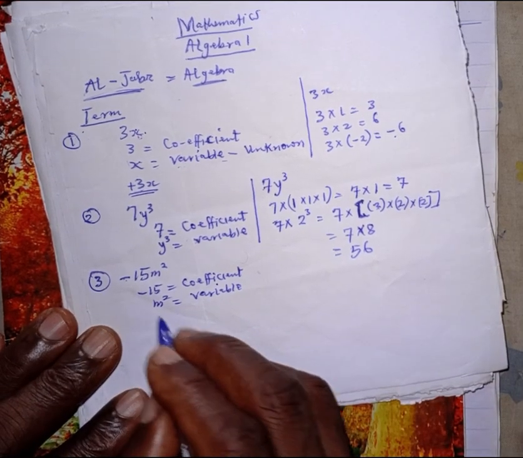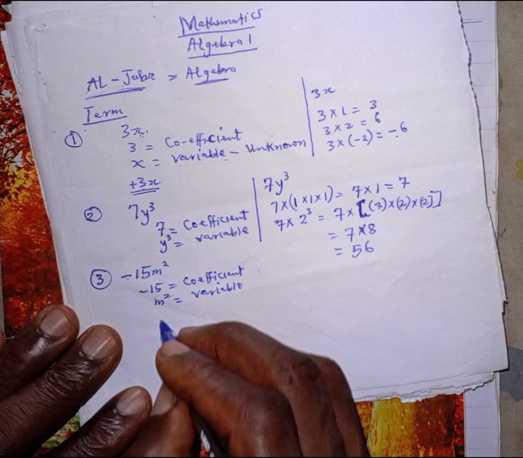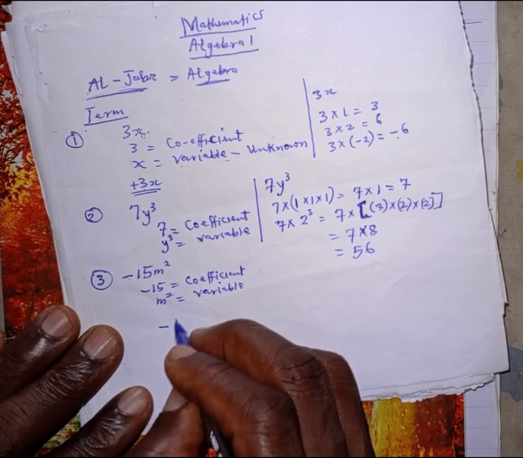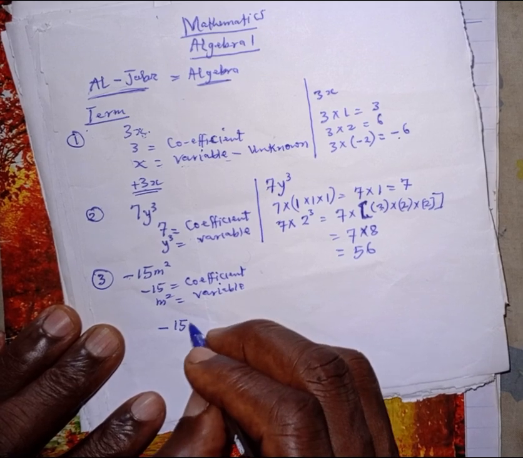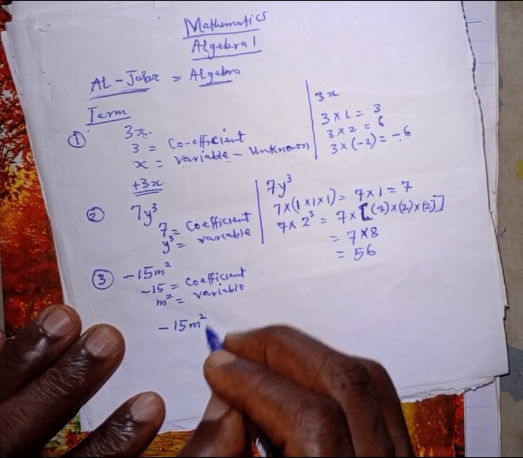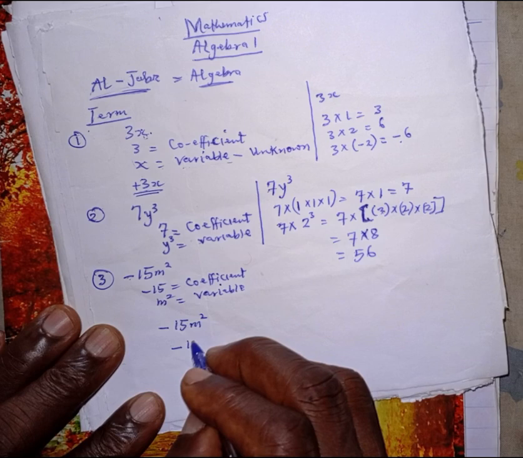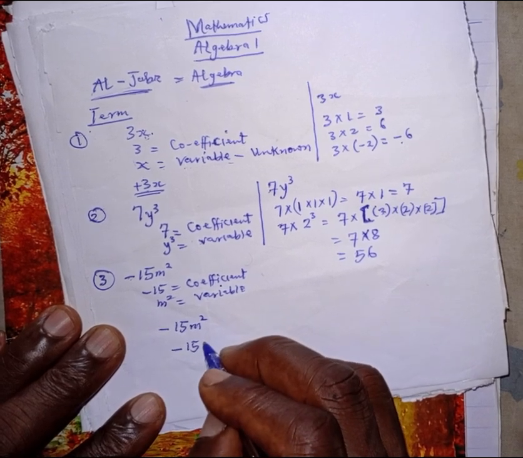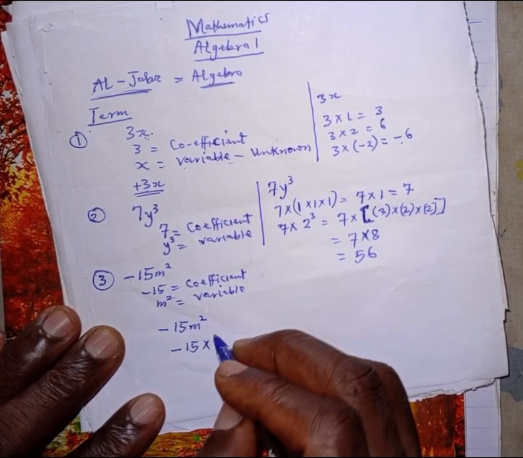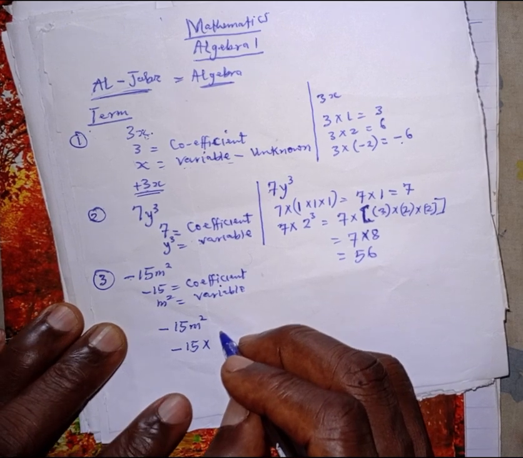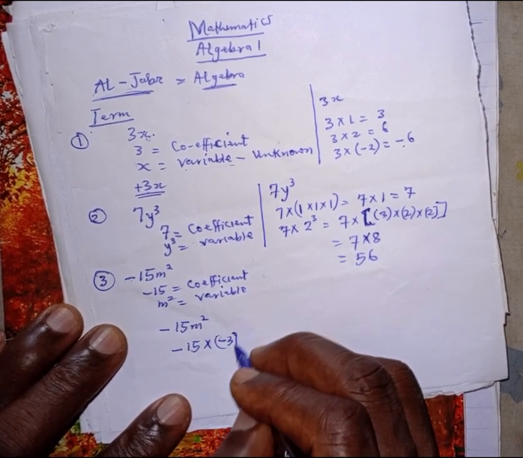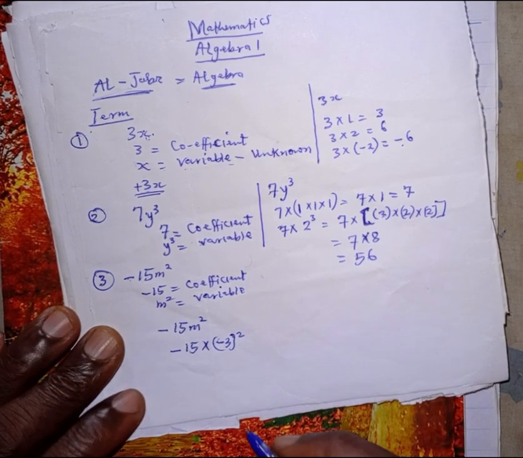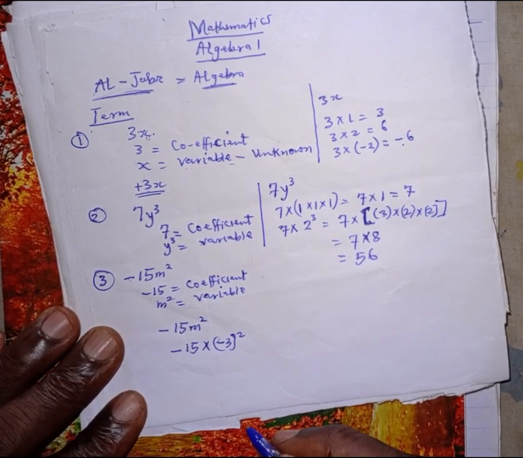Then this last one, minus 15m squared. Instead of using m, let's use minus 3. Minus 3 raised to power 2.